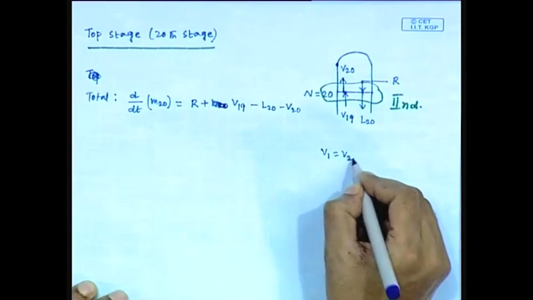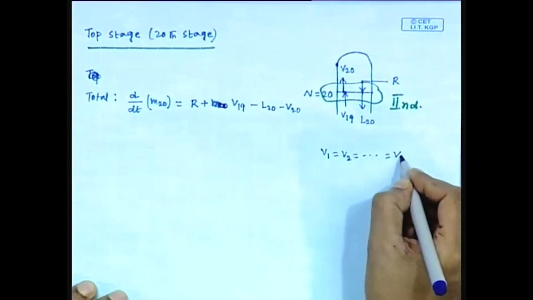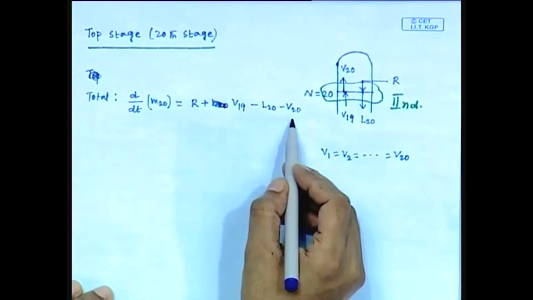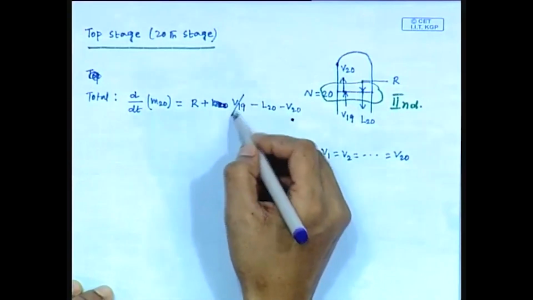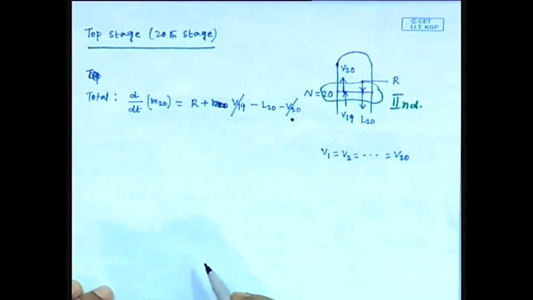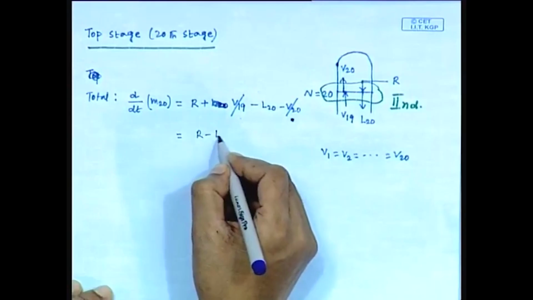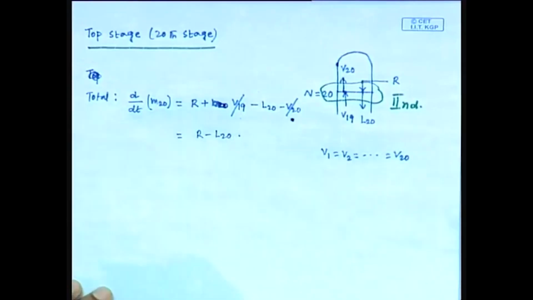Now, based on the second, fourth and fifth assumptions, we have concluded that all the vapor flow rates are identical. So, V19 and V20 are equal to each other. Now this equation reduces to R minus L20.